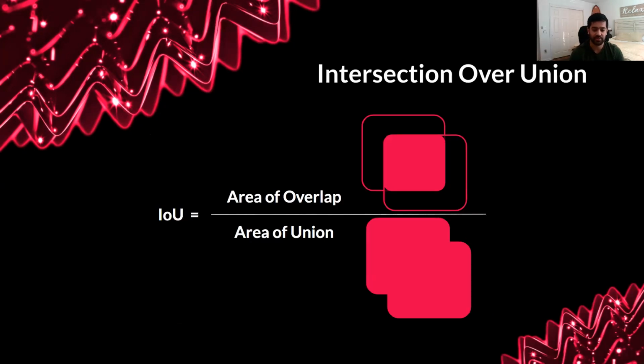And so kind of showing you the mathematical representation over here. So you have the area of overlap, which is the middle part, and then the area of union, which is all of it. And so divide one by the other, and then you essentially get your precision score. And so throughout the training of the model, the model would actually spit out, oh, at this point, the precision score is this overall, and this for each class.